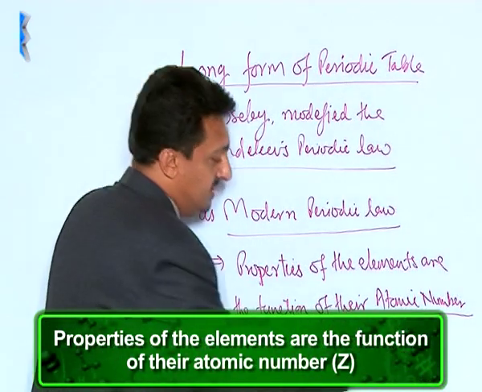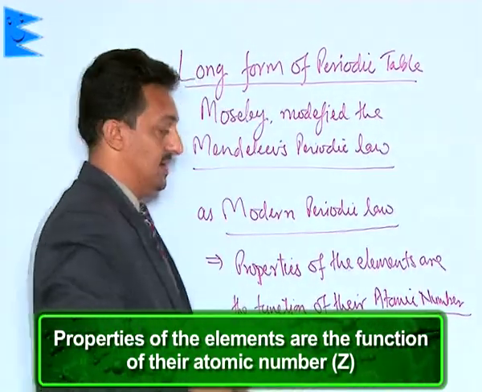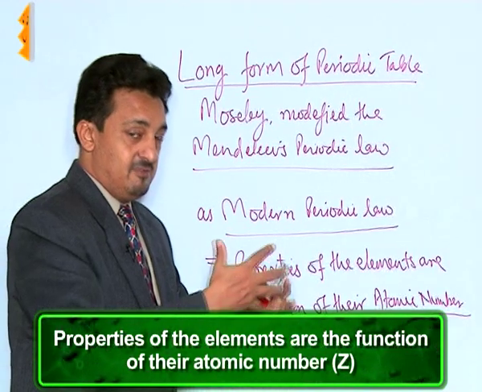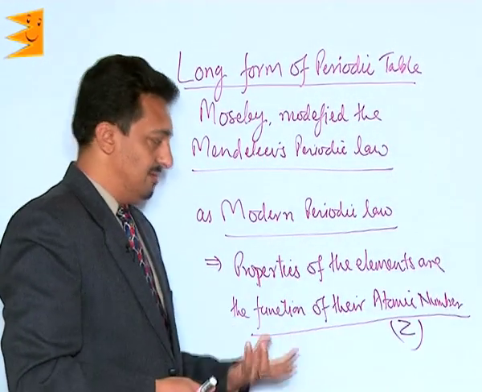So it is the Z, the symbol of the atomic number, which determines the element's properties, and it is not the atomic mass.